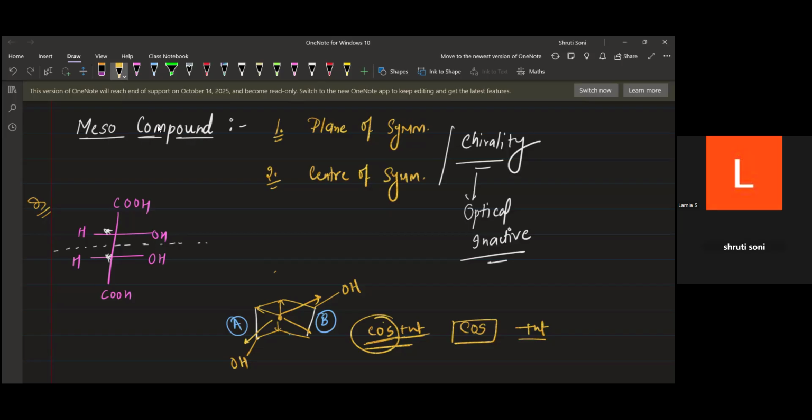No, a center of symmetry is identified for the whole compound, for a complete molecule. We don't need a chiral carbon for this one. We only need the center of a particular compound. Okay, this is tartaric acid. So is this an achiral compound?